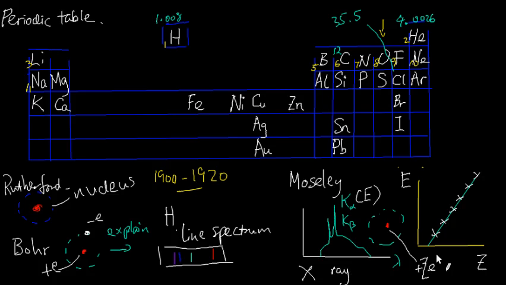Through this work, people gradually understood in the early 20th century that this atomic number is actually the number of some kind of particles or electric charges inside the nucleus of an atom.